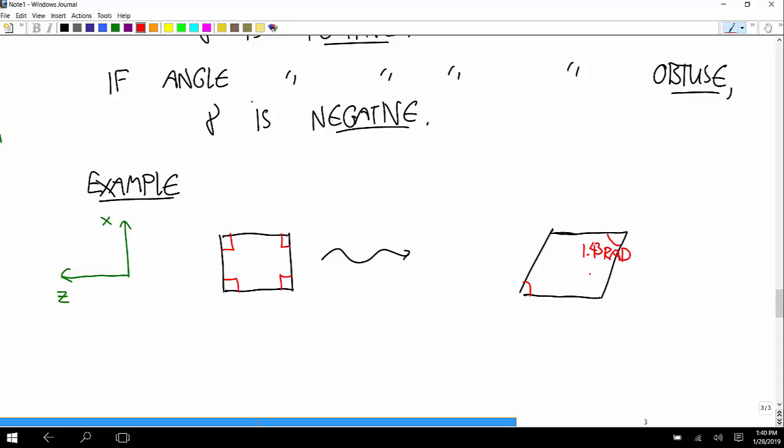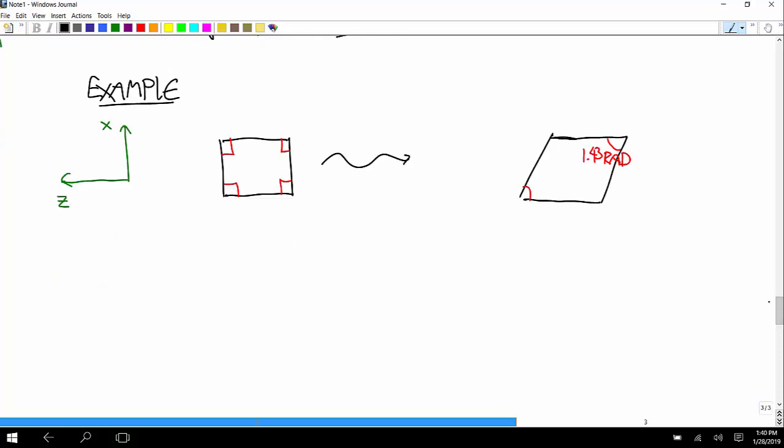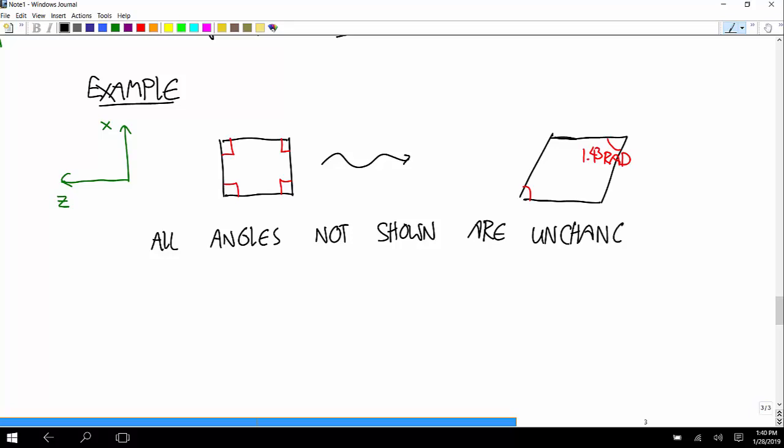So that's smaller than 90 degrees. And let's say that all angles that we can't see are unchanged. We want to know, what are the shear strains?